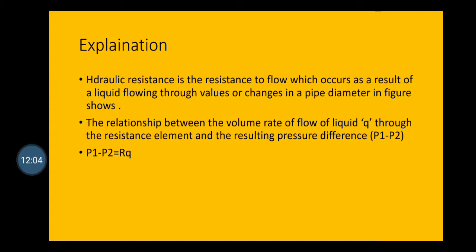Hydraulic resistance is a resistance to flow which occurs as a result of a liquid flowing through valves or changes in a pipe diameter, as shown in the figure. The relationship between the volume rate of flow of liquid Q through the resistance element and the resulting pressure difference P1 minus P2 is P1 minus P2 = R Q.